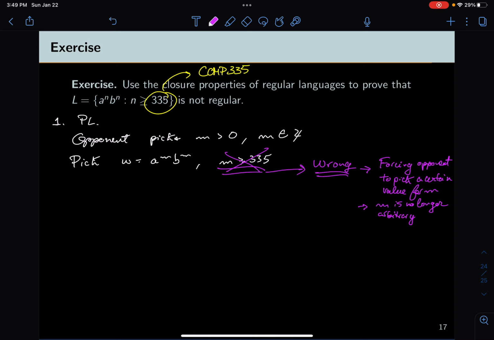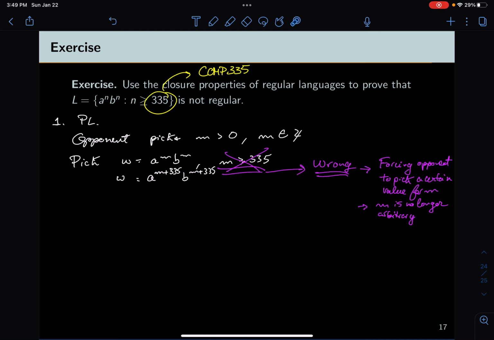And so for this pumping lemma proof to be correct, instead what you would probably need to do is pick w = a^(m+335) b^(m+335). So this means that now m can be anything, and the way you pick your string means that m being anything is not a problem for your string w. And then from there, you can pump up or down.